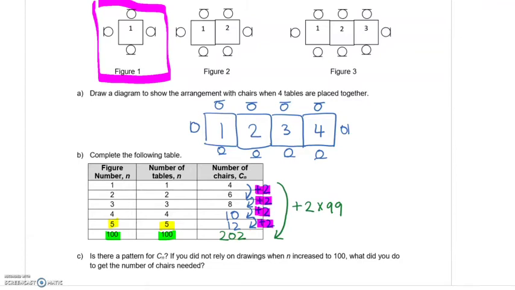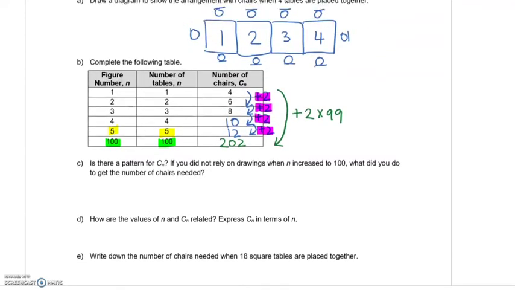Okay, so let's look at part C. Is there a pattern for Cn? Definitely. And if you did not rely on drawings, what did you do to get the number of chairs needed? Well, like I mentioned earlier, we add 2 chairs for every additional table after the first one.